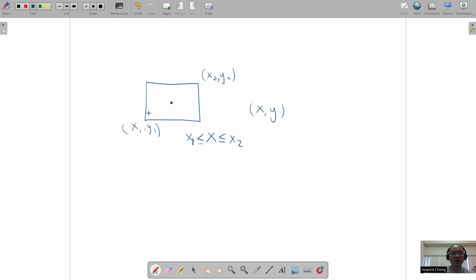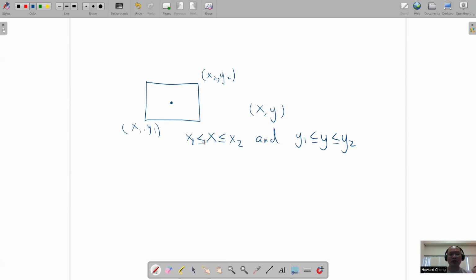It's less than or equal to, because on the boundary, it's considered to be inside. And same thing with y. So if you want to know if a point is inside a rectangle, you just do this check.